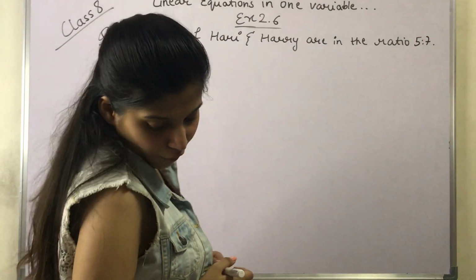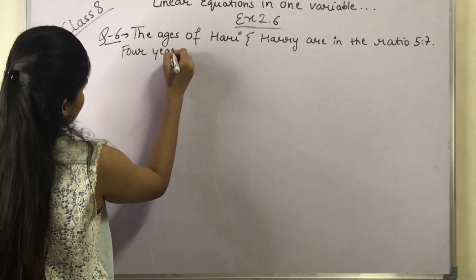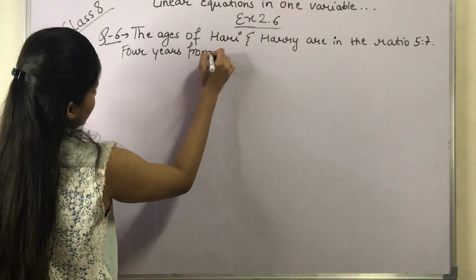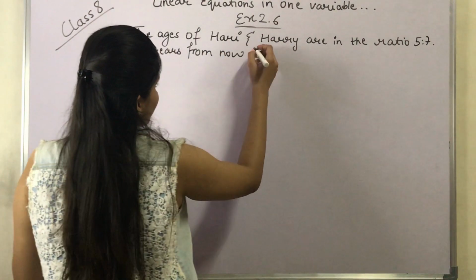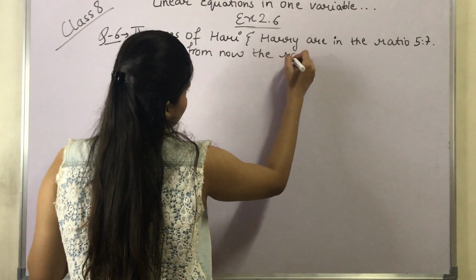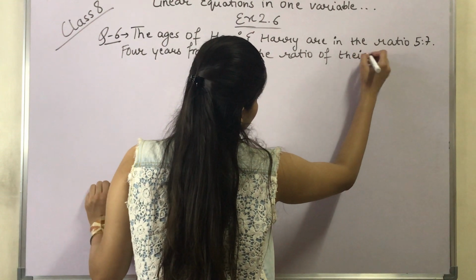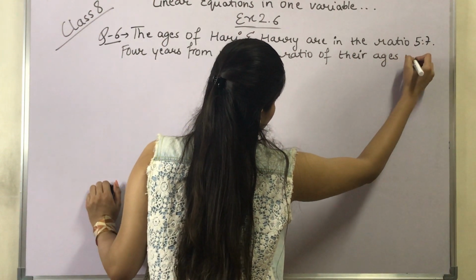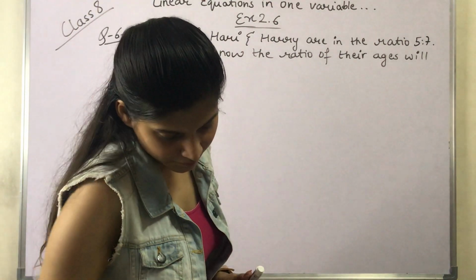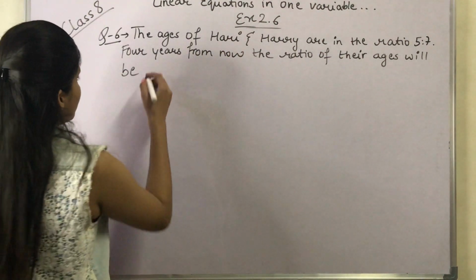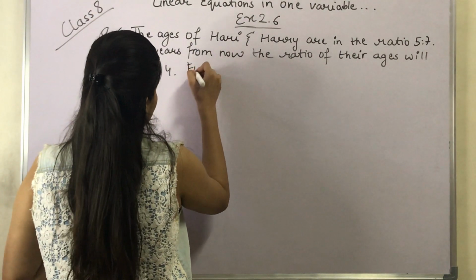Four years from now, the ratio of their ages will be 3:4. Find their present ages.